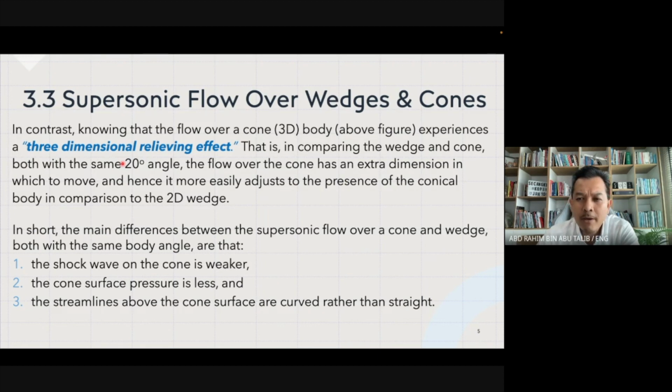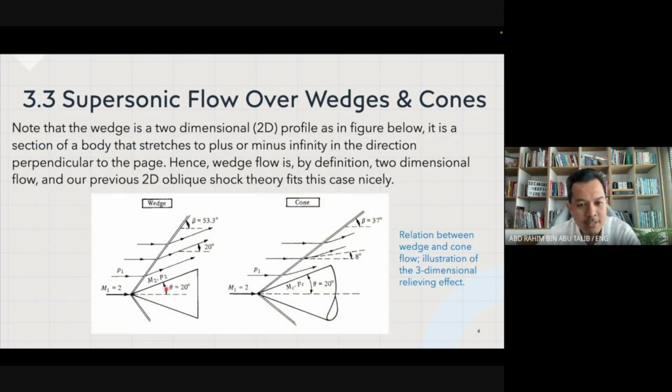That is, in comparing the wedge and the cone, both have the same angle of 20 degrees. So this is the angle theta of 20 degrees, and the cone also has a theta angle of 20 degrees.